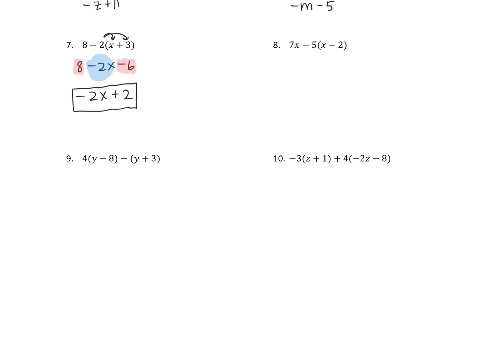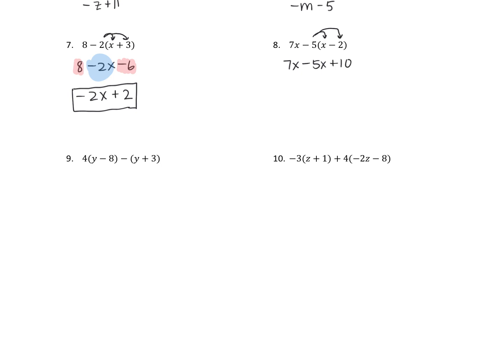Number 8, if you haven't done so yet, why don't you pause the video and try this one? The process is very similar to number 7. So I need to distribute the negative 5. So we'll bring down the 7x. Negative 5 times x is negative 5x. And then negative 5 times negative 2 is positive 10.